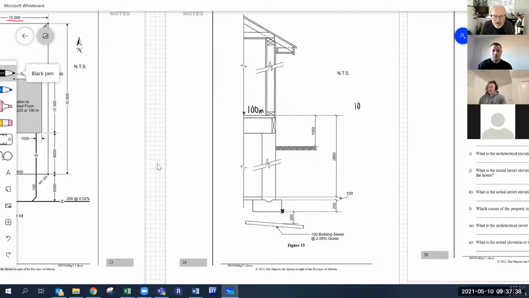So we take 100 meters and we minus off 2.85 meters. And then we minus off 0.1 meter. And then we minus off 0.2 meters. And then that's it. That should be it.